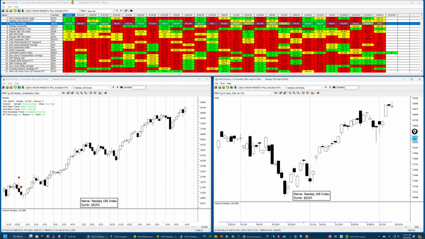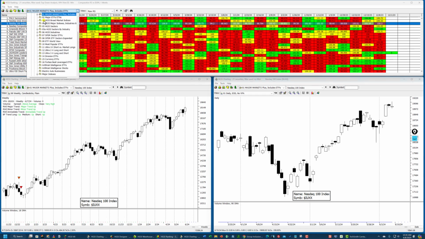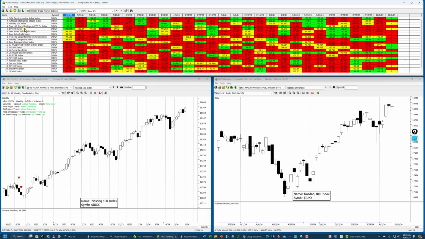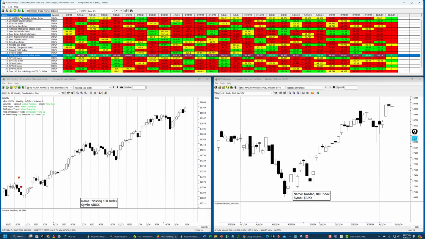Just kidding. Anyway, so we know that the NASDAQ 100 and the stocks were where the action was. So let's go into the NASDAQ 100 and determine where this strength has been. I'm going to drop down to my broad market indices, and here's the NASDAQ 100 is what I'm looking for.